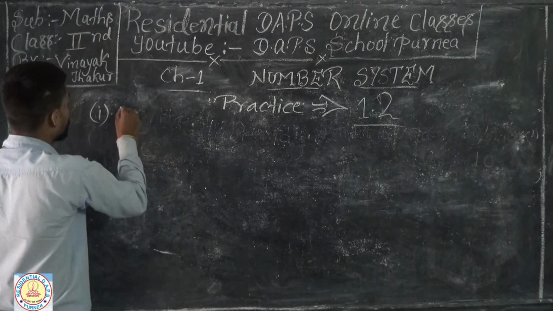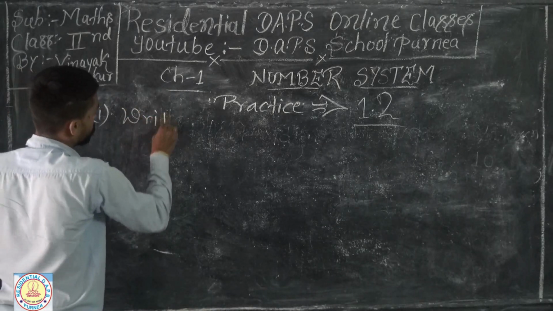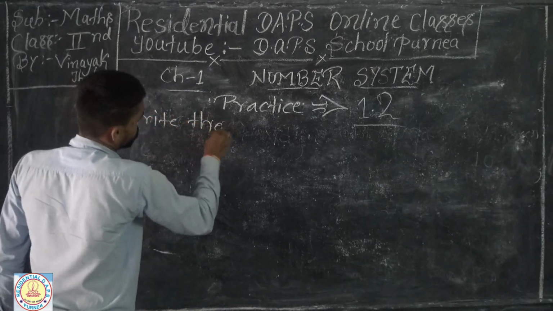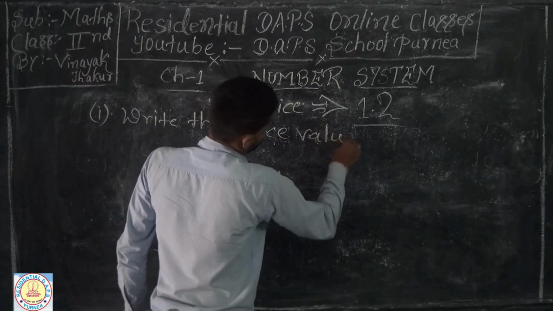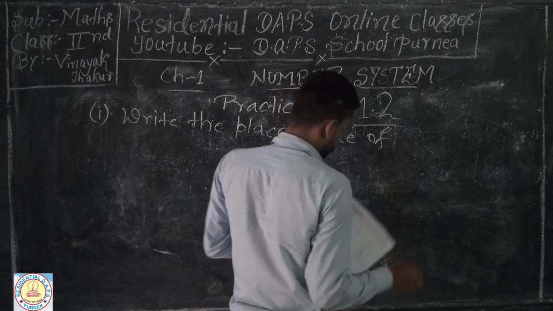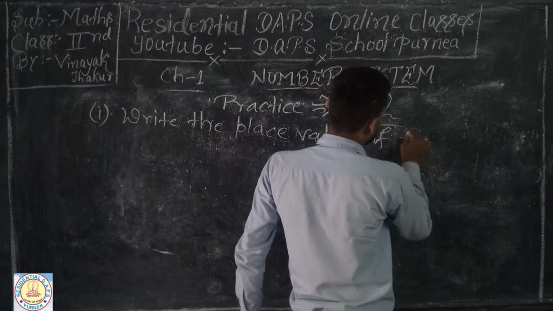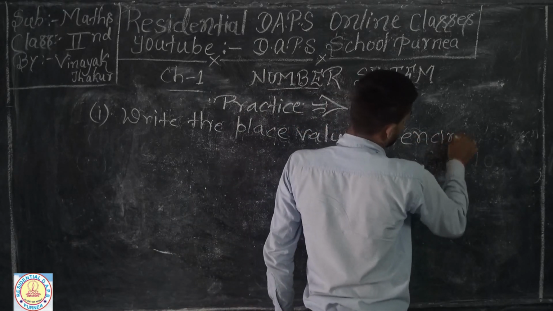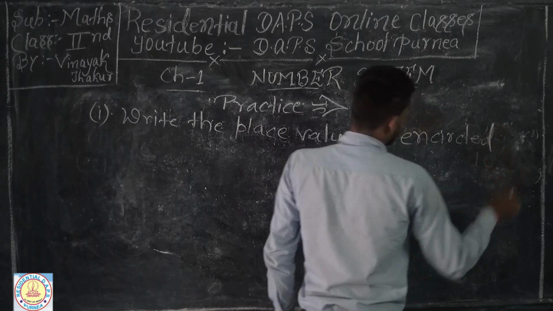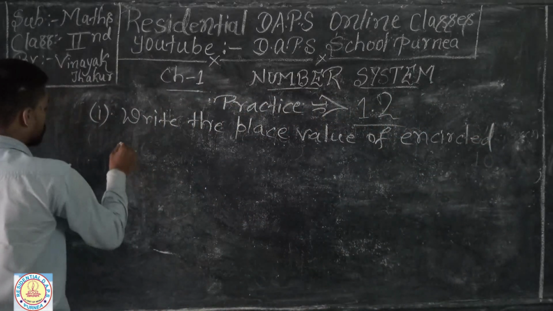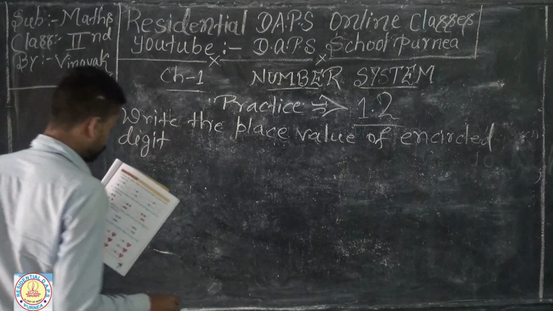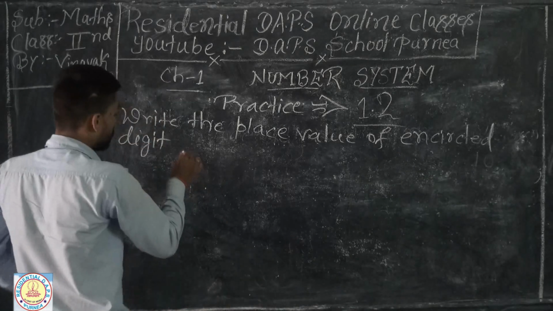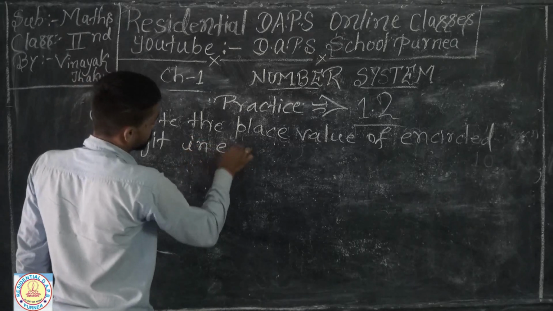Write the place value of encircled digit in each of the following.